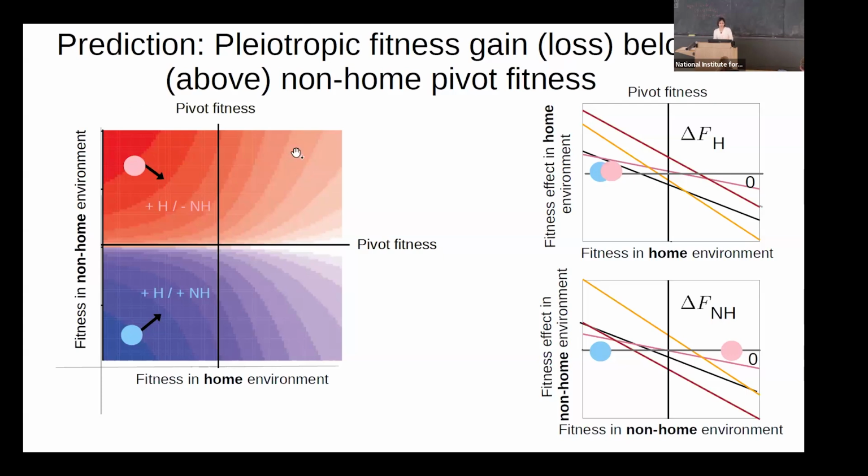And we can actually show that the only thing that matters is the relative position of this genotype with respect to the pivot.